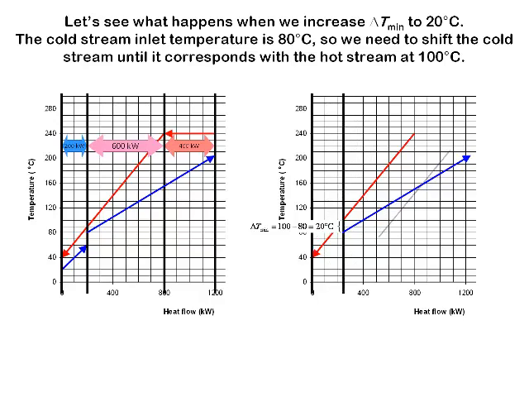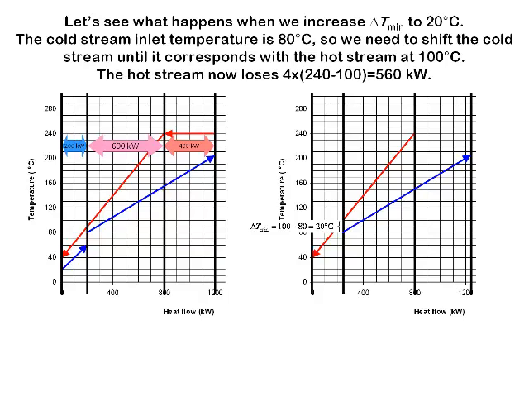Once again, dividing our system up into the 3 heat exchangers, we can work out that our hot stream is now losing a total of 560 kilowatts. It's cooling down from 240 down to 100 degrees, so a temperature change of 140. 140 times 4 is 560, so there's 560 kilowatts of heat recovery between our 2 streams.